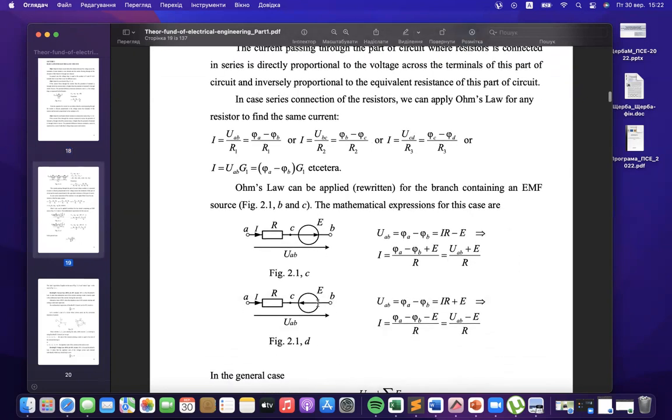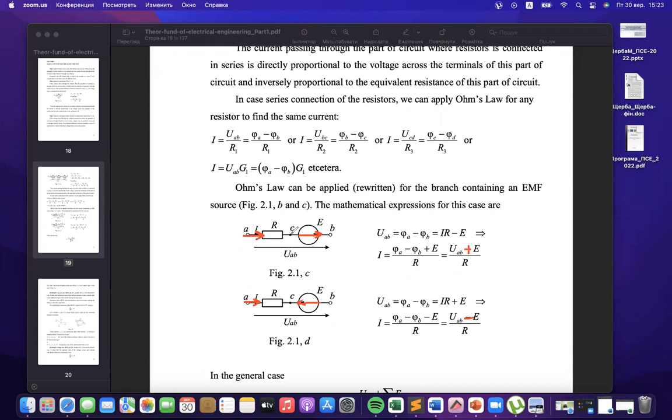If we have an active source, if the source has the same direction as the current, you should add it when finding current, because this source intensifies the current and makes it stronger. If the source is in the opposite way, you are taking the difference, voltage minus electromotive force, because this source will make the current weaker.